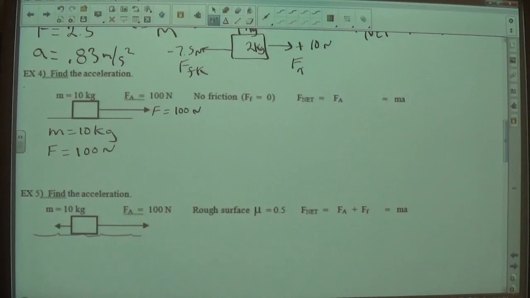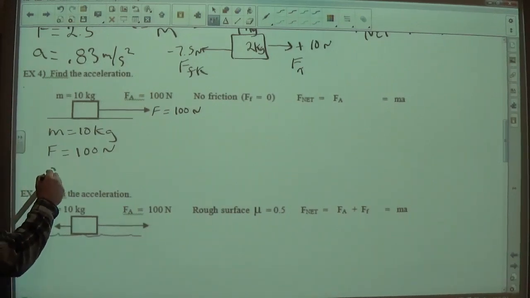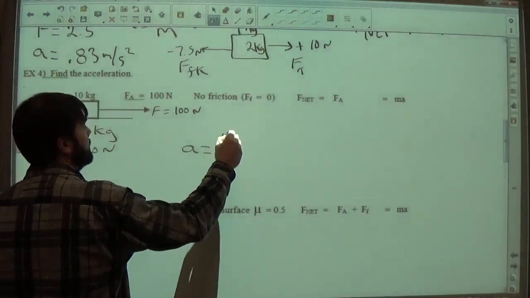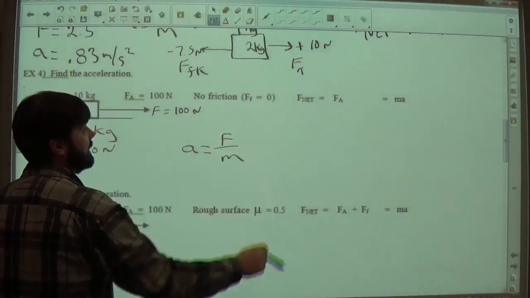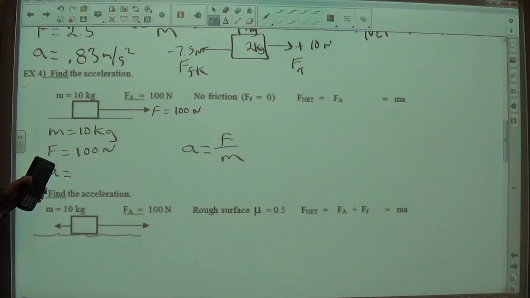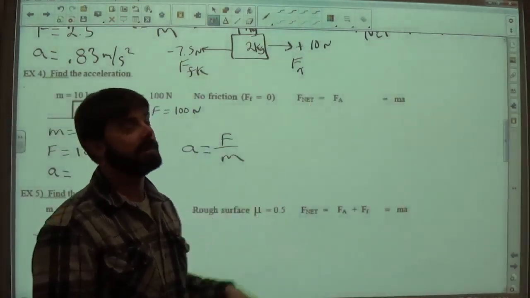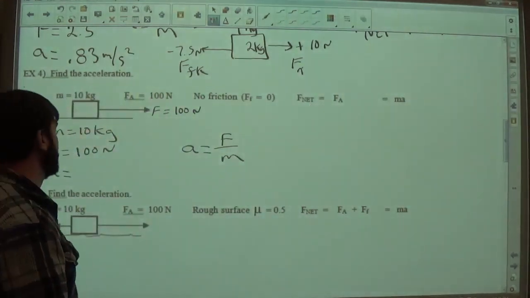Now this is not typical for most real world scenarios, because there normally would be some frictional force going this way, but in this situation there is not. So we pretty much got it set up to solve without really having to do too many conversions. We take the Newton's second law here and we rearrange it to solve for A. If force is equal to mass times acceleration, then if we want to try to find acceleration again, we do force divided by mass.